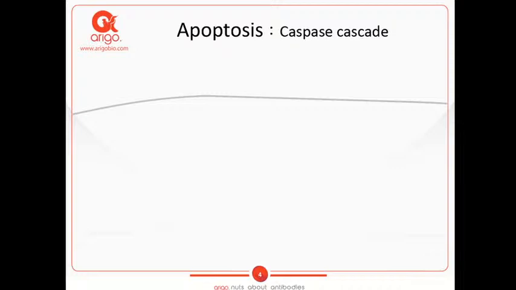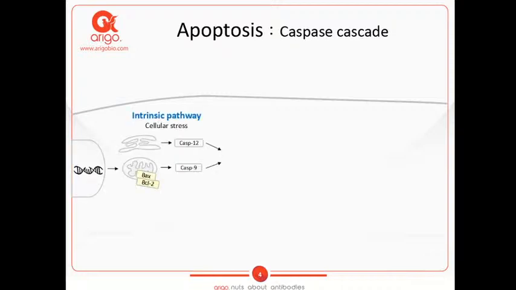There are two pathways involved in apoptosis. One is the intrinsic pathway. Cellular stress activates initiator caspases such as caspase 12 and caspase 9. The initiator caspase then activates the executor caspase to induce apoptosis.